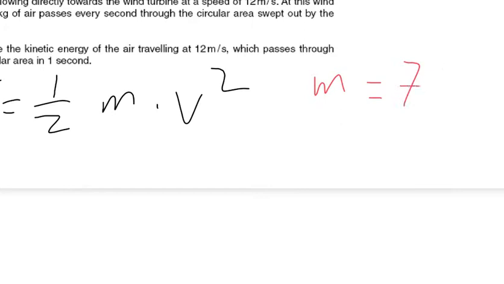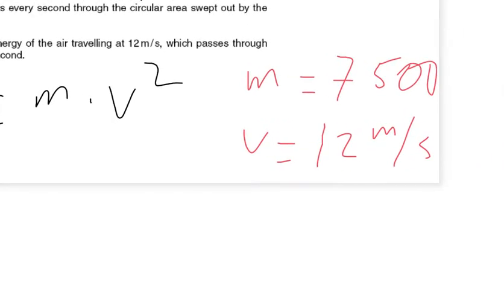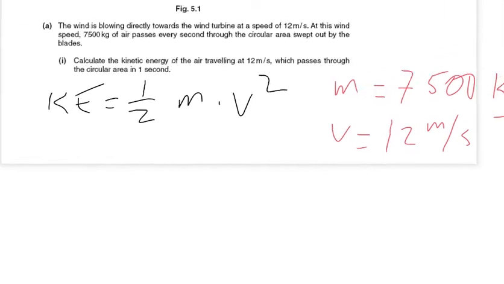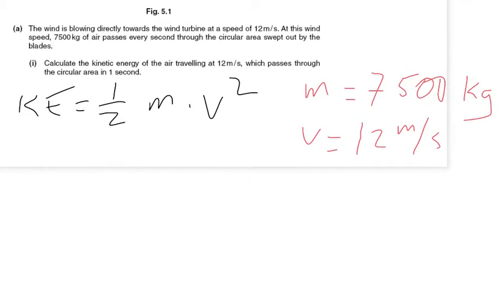Mass is 7,500 kilograms, and the velocity is 12 meters per second. So there's our mass, there's our velocity. Quite simply, we plug them in and then solve. I'm going to skip that part and go straight to the solution.